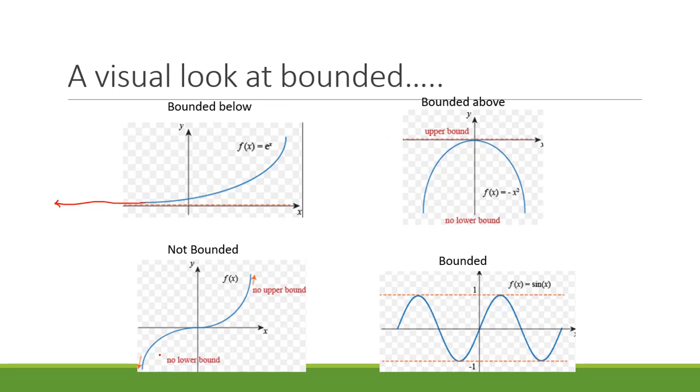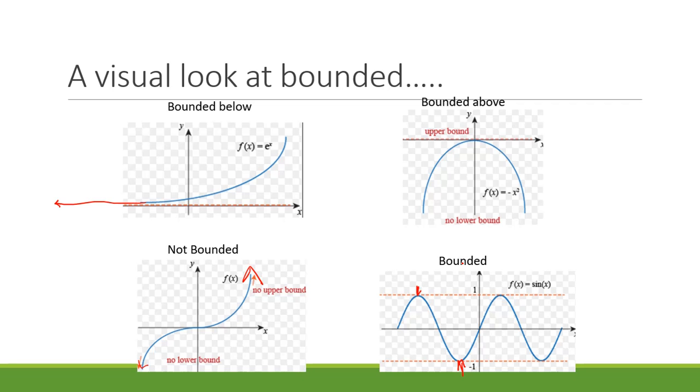Not bounded means there's no hills and there's no valleys. So like right here, this guy's not bounded because he goes forever this way, forever that way. I cannot say he's bounded in any shape or form. Then you've got another graph that has hills and valleys. That would be bounded. He's stuck between two sections. So that's what we're thinking about in that.